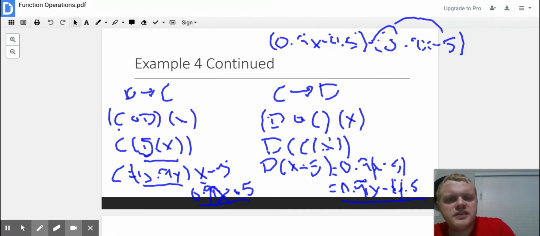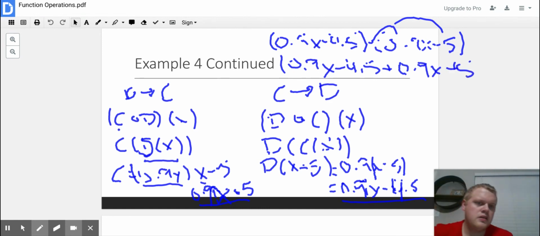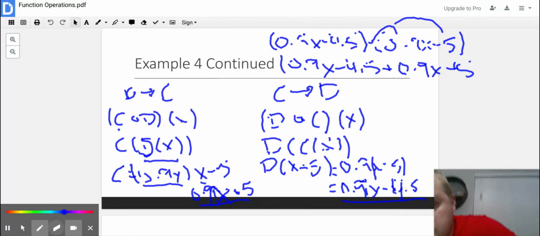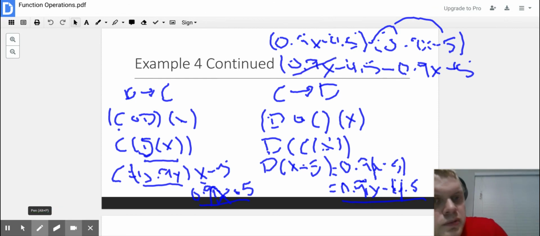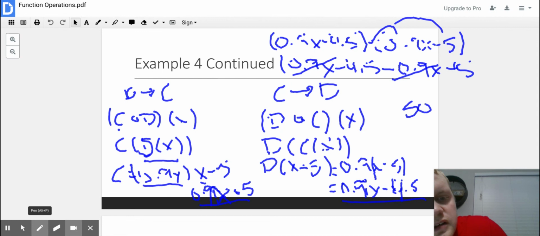So the first one stays the same, 0.9x minus 4.5, plus, oh, that should be a minus 0.9x because that was already positive to begin with, and then plus 5. Essentially, the 0.9x should cancel. And when I combine negative 4.5 with a positive 5, that tells me it's going to be a 50 cents difference.